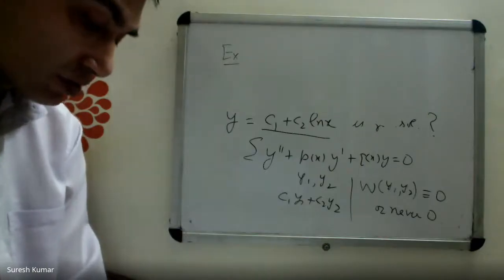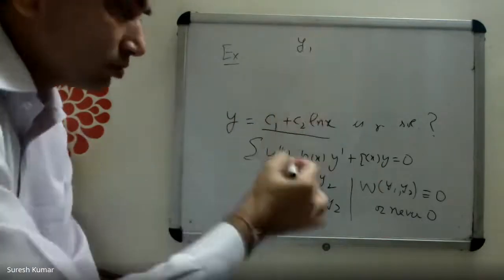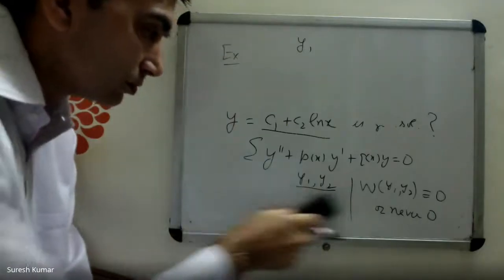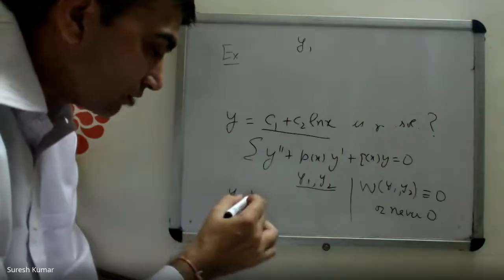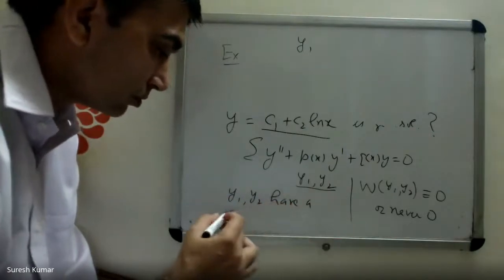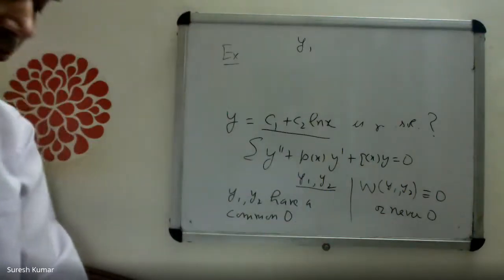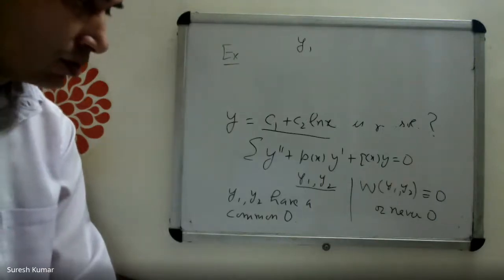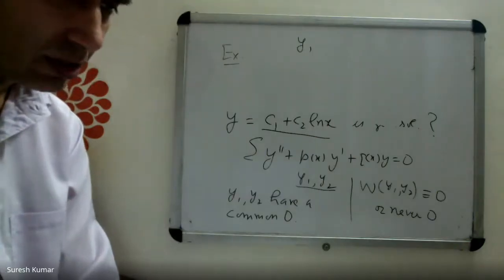Now suppose you are given two solutions, y1 and y2 of this equation. And further it is given that y1, y2 have a common zero. What can you say about these solutions? These are independent or dependent?